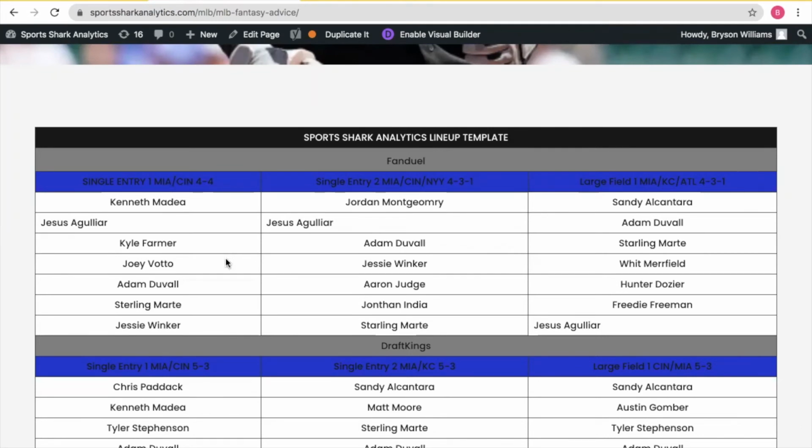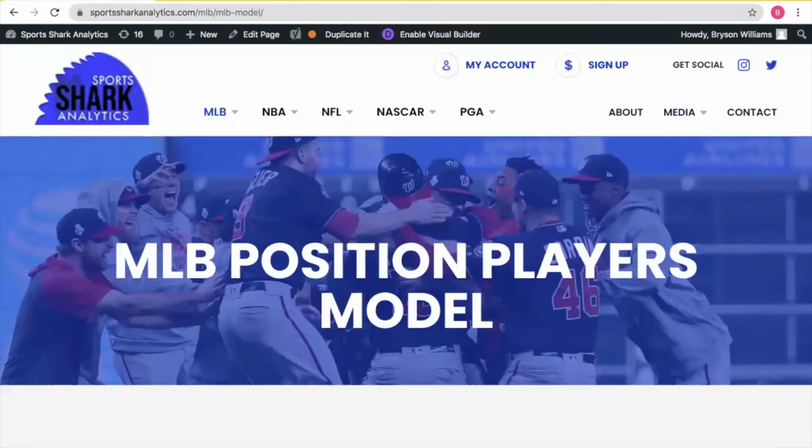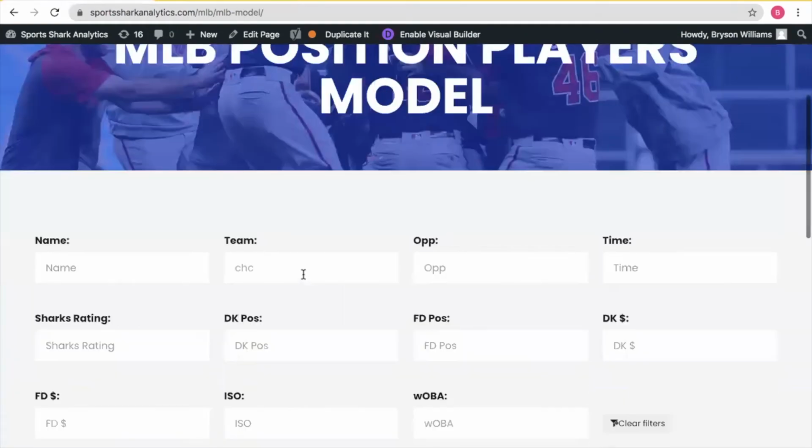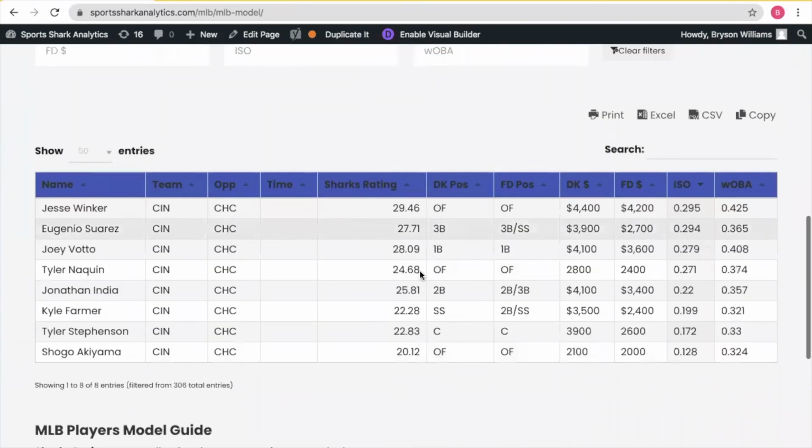So what you would do, you would insert these 6 players into your lineup, and once you insert them, I would go to the position player model. Instead of typing in CHC, you would type in CIN, the abbreviation for Cincinnati, and you would insert the players into your lineup that would fulfill the lineup for FanDuel and for DraftKings.